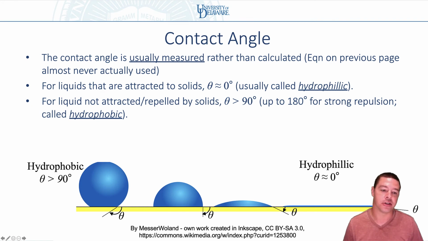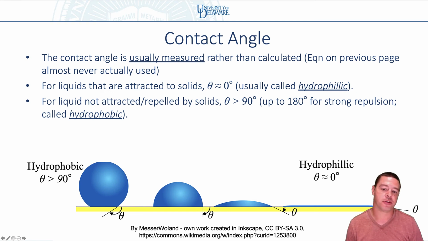And ideally, you can be up to 180 degrees if the droplet really doesn't want to touch the solid at all. In those cases, you basically have a freestanding ball of liquid that, especially if you tilt the thing at an angle, will tend to just roll right off. That's called a hydrophobic surface. And of course there's a whole continuum of possibilities in between.